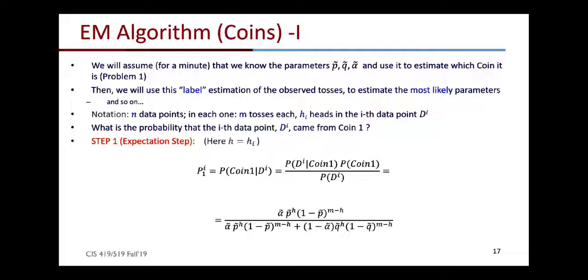The probability of this data given coin 1 is (1 minus p hat) to the m minus h times p hat to the h. Everyone agrees? Again, we have a model. We use the Bernoulli model. That's what we get. And here I'm just normalizing, right? So the probability of the data is alpha times this plus 1 minus alpha with the q's. So I have now the fractional labels. This is P1i, and the second label is 1 minus this. Okay? So I solved the first step. I labeled the data with these fractional labels.